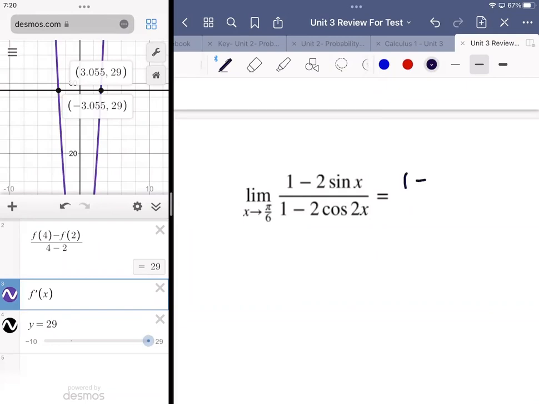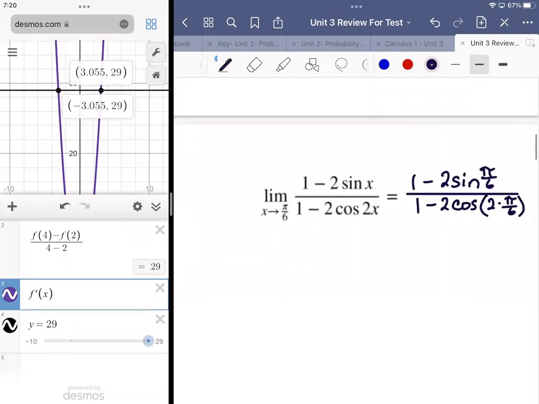So 1 minus 2 times the sine of pi over 6 over 1 minus 2 times the cosine of 2 times pi over 6. All right. Sine of pi over 6 is 1/2 times 2.